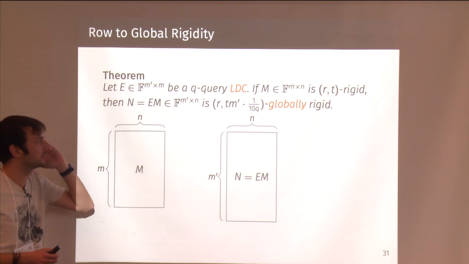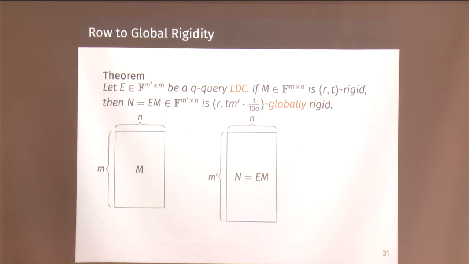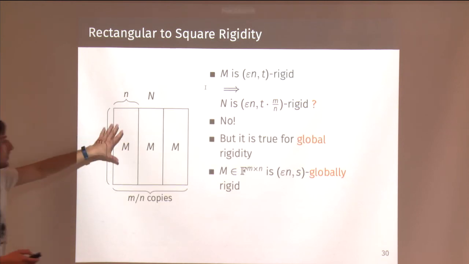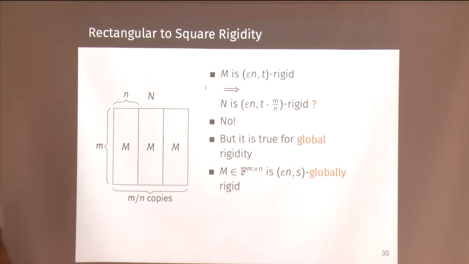That's essentially what people do when they prove that, say, circuit lower bounds in E would imply P equals BPP, this kind of thing, another worst case to average case reduction. All right, so that's a way to go from worst case rigidity to global rigidity, and for global rigidity you can easily go from rectangular to square matrices.